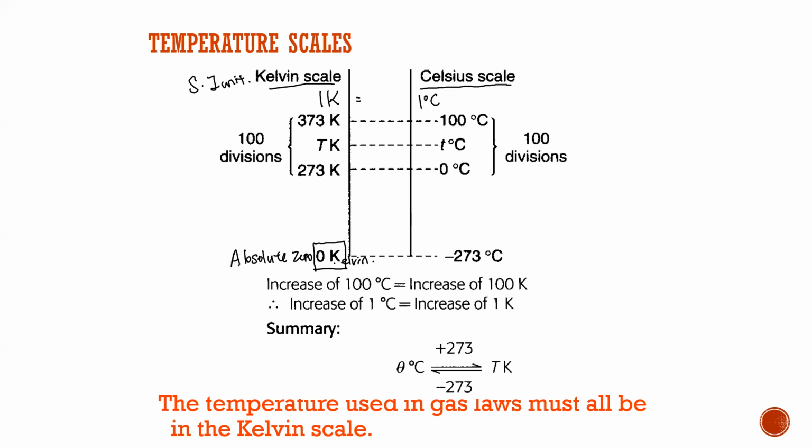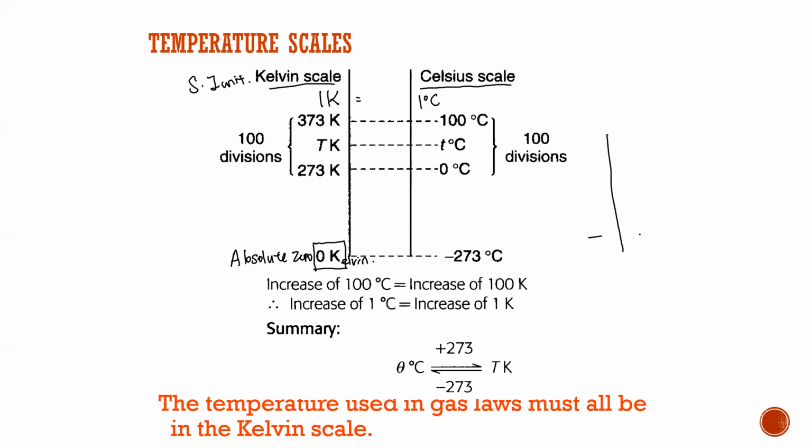Absolute zero is negative 273 degrees Celsius. So an increase of 1 degree Celsius means an increase of 1 Kelvin. But the zero for Celsius is 0 degrees Celsius, and the absolute zero, really no heat, is called 0 Kelvin, which equals negative 273 degrees Celsius.